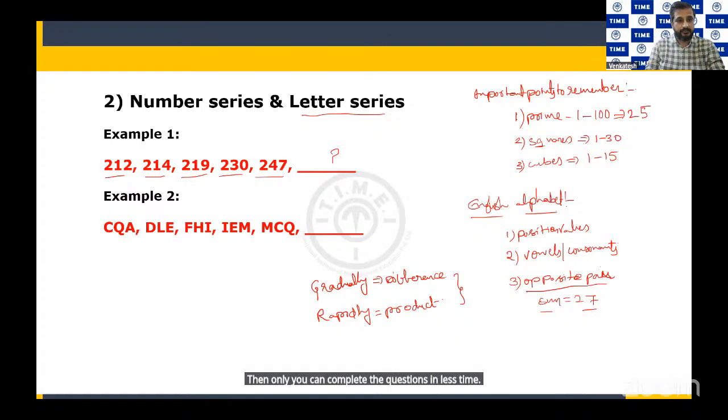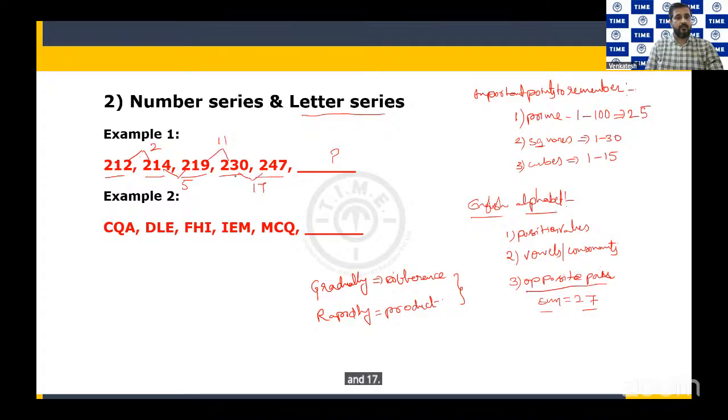Now see here, the differences are 2 and 5, and 11 and 17. You should recognize these numbers 2, 5, 11, 17: they are prime numbers, alternate prime numbers. 2, 3 is missing. 5, 7 is missing. 11, 13 is missing.